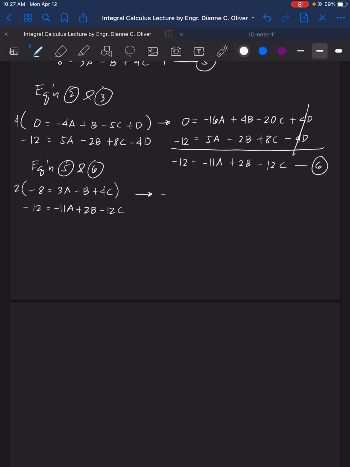So this is negative 16 equals 6a minus 2b plus 8c. Then we have negative 12 equals negative 11a plus 2b minus 12c. Then b here will be cancelled out.